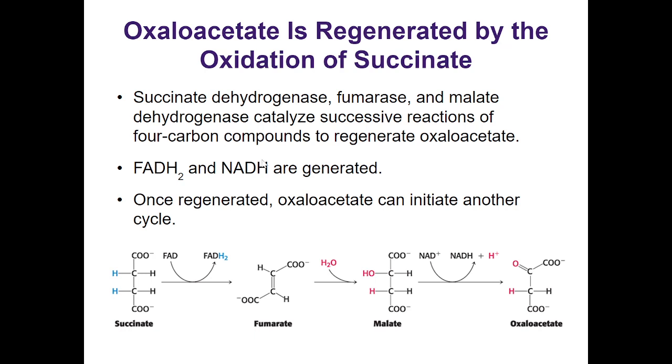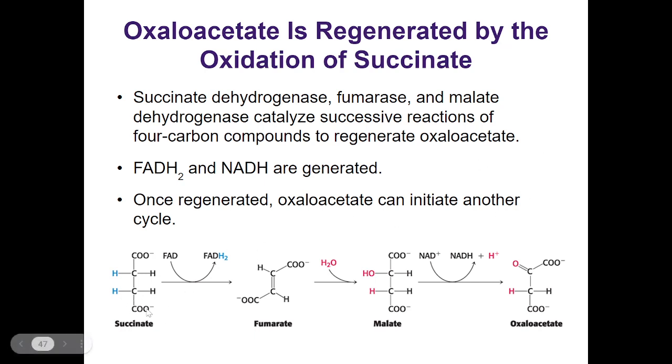What is important about these compounds? Exactly. Yeah, we're transporting electrons. Those are basically the little wires connecting our generator to what we're going to use it for, right? Okay. So once regenerated, the oxaloacetate, again, initiates another cycle, and we keep going on and on and on with those, okay?